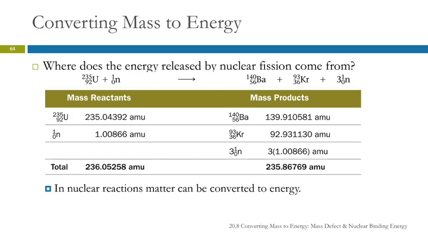If we look at the masses of these particles and add them up, we find that there is a difference in the mass. The total mass of the products, 235.86769. Total mass of the reactants, 236.05258.